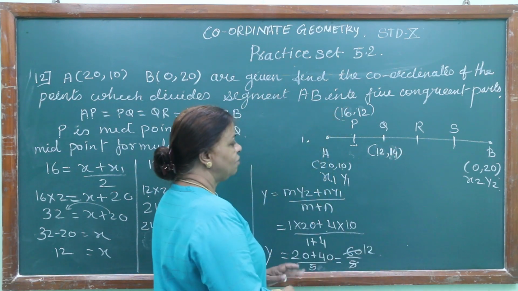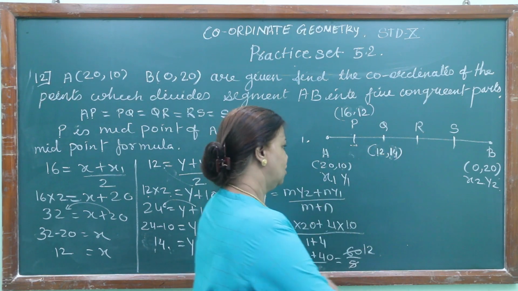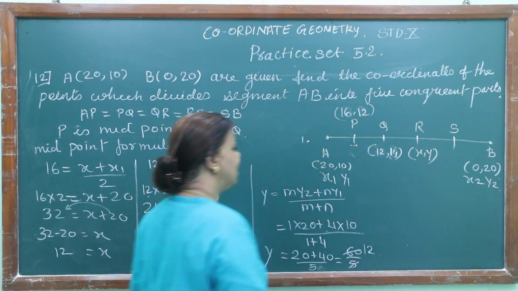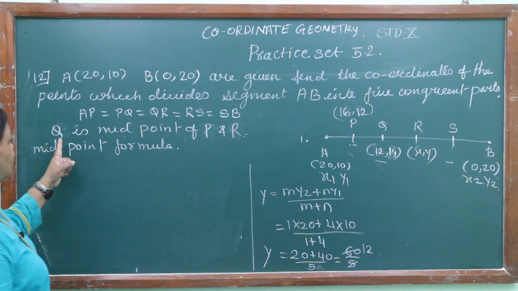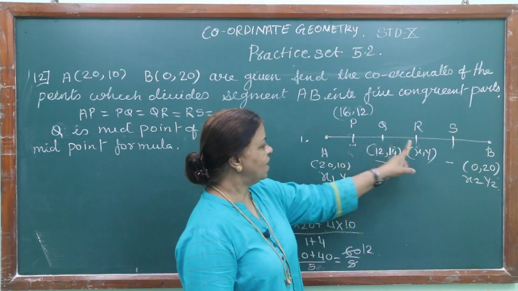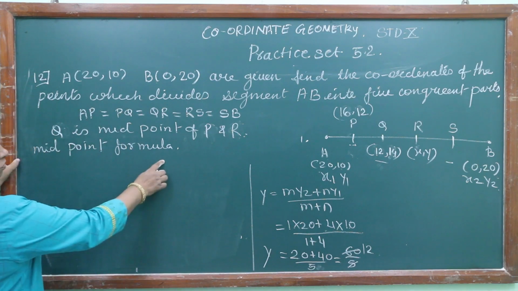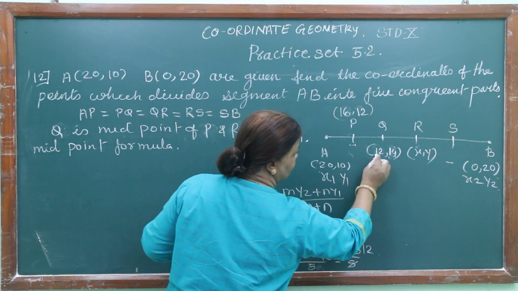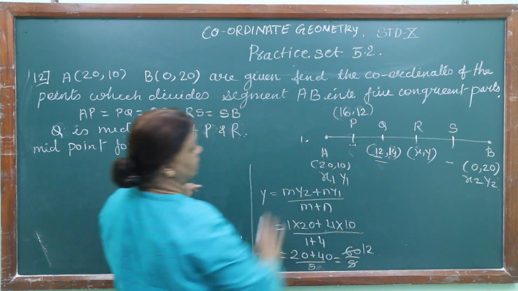Now if you go to see, children, Q is the midpoint of P and R. So let us consider here x and y now. R will be considered as x and y. Again by midpoint formula, children, Q is the midpoint of P and R. So by using midpoint formula, we can get the value of R. If Q is the midpoint, this coordinate will be equal to this plus this.